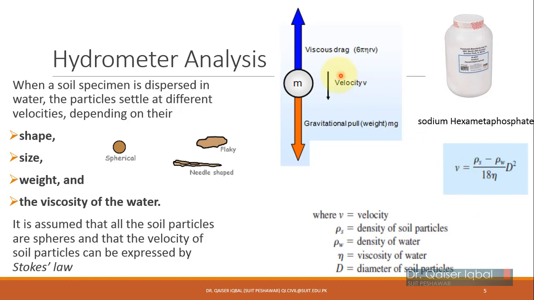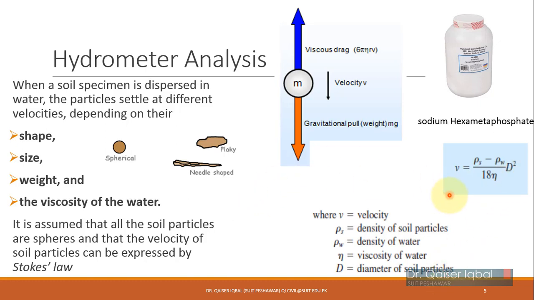So if you calculate the force equilibrium over here and rearrange the equation, you will arrive at this equation, which is generally known as Stokes law: the settling velocity is equal to the density of soil solid, the density of the particle, minus density of water divided by 18 into viscosity into d square, where d is the diameter of the soil particle.